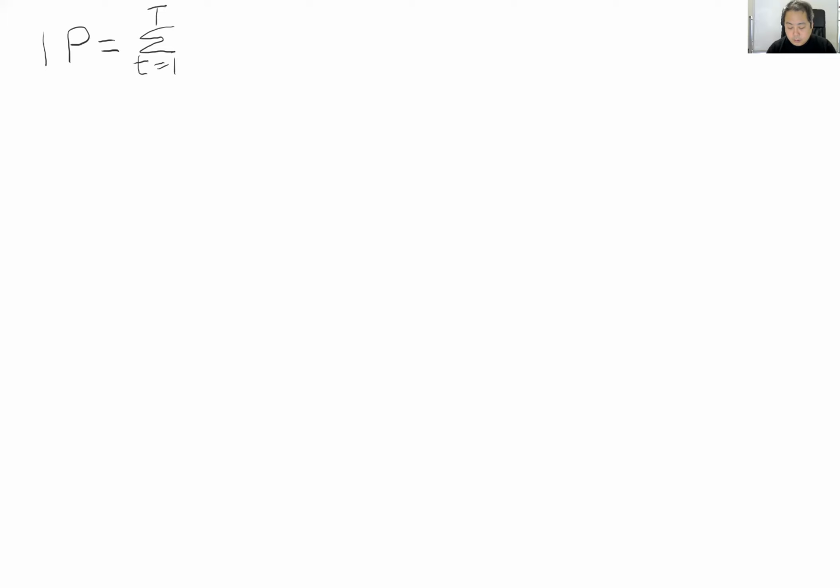So again, the price equals the sum over t up to the maturity date of the cash flow at each time divided by (1 plus y) to the t, where y is the yield. That's the price.